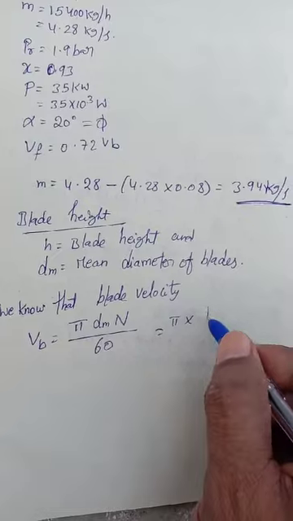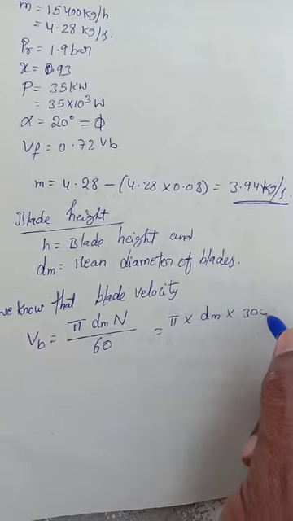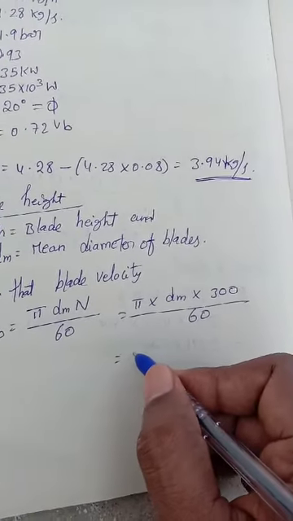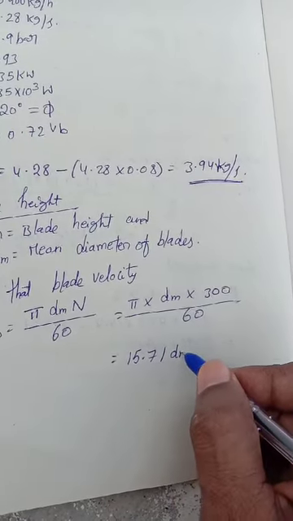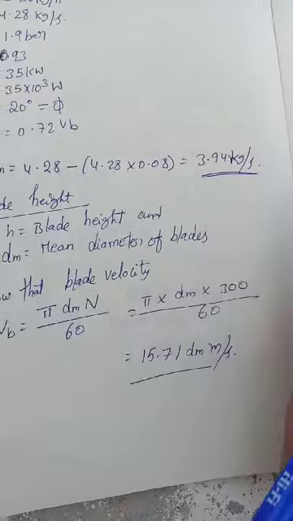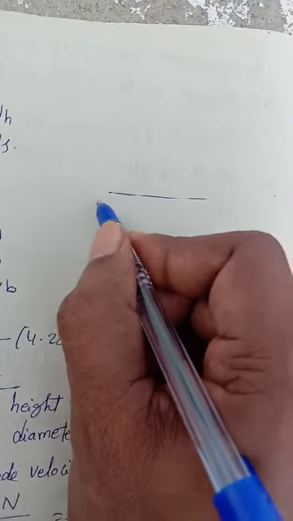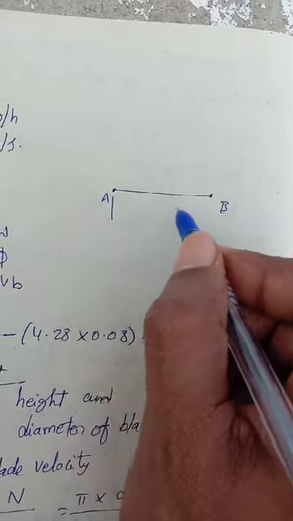So pi into dm into 300 divided by 60. Now solve this equation, we'll get the relation in terms of dm, in meter per second. Once we get VB, we are going to draw the compound velocity diagram.